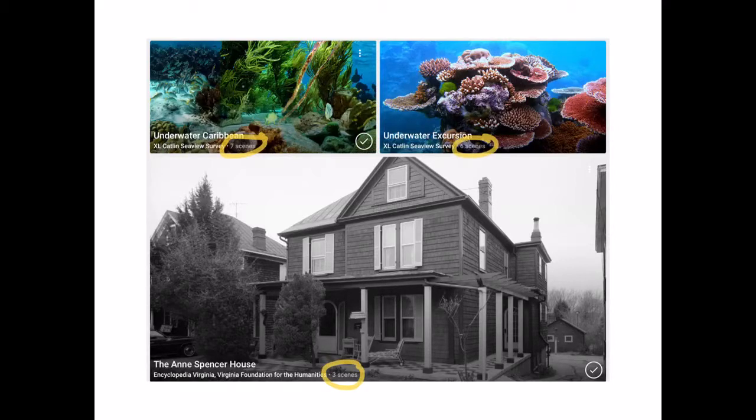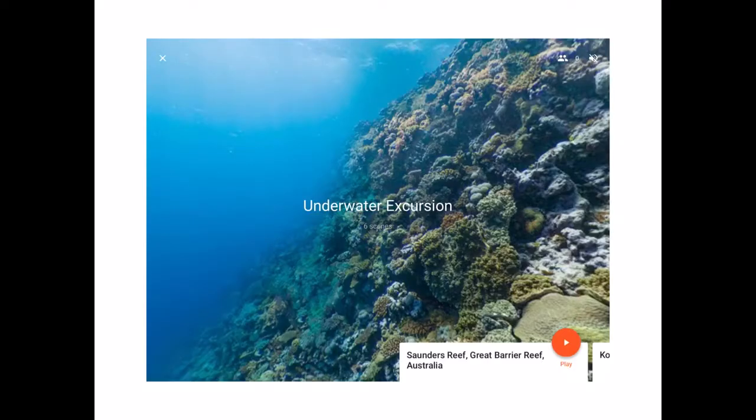For this tutorial, I'm going to select the underwater excursion. To download this expedition, just tap on the image, and then once it's done downloading, you will see a check mark appear. So this is what your screen should look like depending on the expedition that you choose.